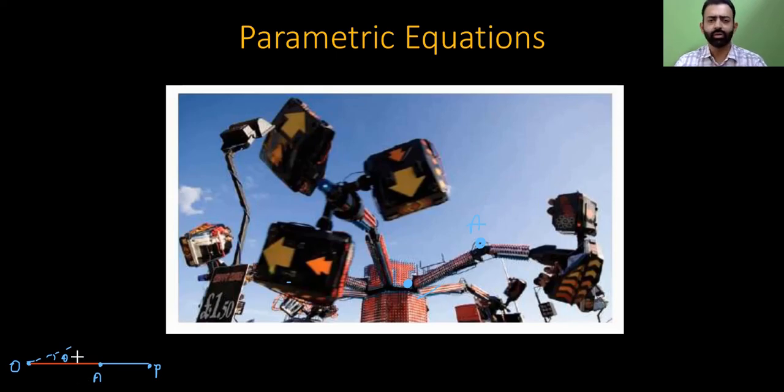So if OA rotates by an angle theta after some time, then the angle of rotation of AP with respect to OA is 2 theta. This is a given relation. So the total amount of rotation of AP with respect to the horizontal line is going to be 3 theta, right?